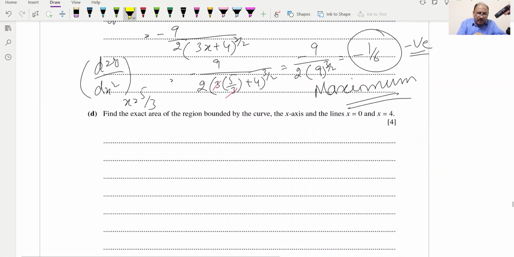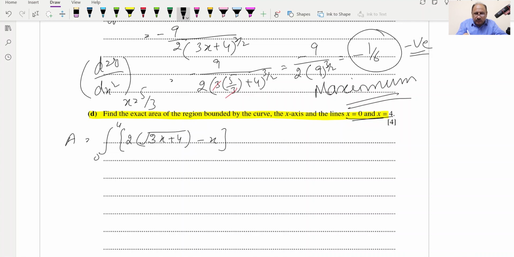The D part says find the exact area of the region bounded by the curve and the x-axis, and the line x is equal to 0 and y is equal to 4. So basically the integral we will be taking from 0 to 4, and area will be equal to integral 0 to 4 of 2, in brackets, square root of 3x plus 4 minus x, and this will be dx.